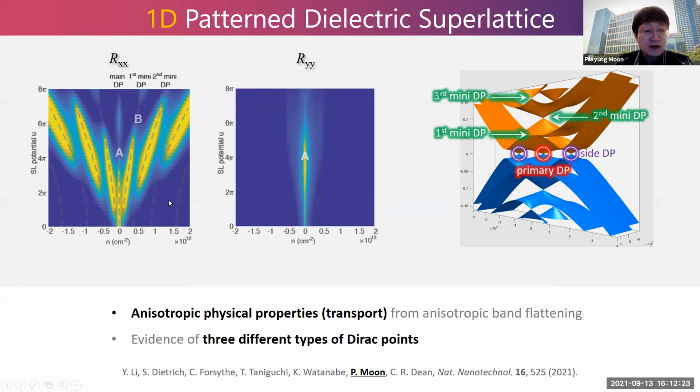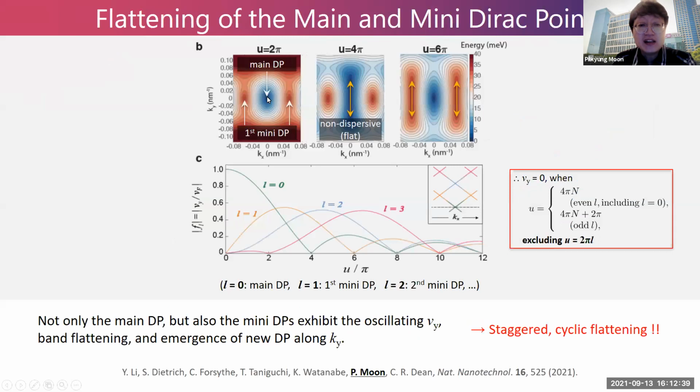Okay, by the way, why do we see such a scale-like pattern at electron density other than 0? This comes from the mini Dirac points. Although it is well known that the main Dirac point, the primary Dirac point, is flattened and recovers and flattened with respect to the potential strength, there has been no information on the first mini Dirac point, the secondary, and the third mini Dirac point.